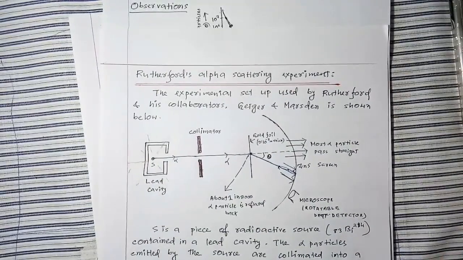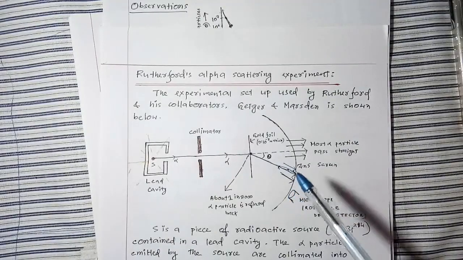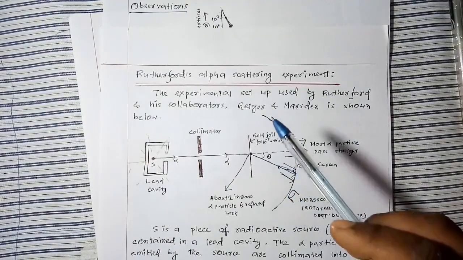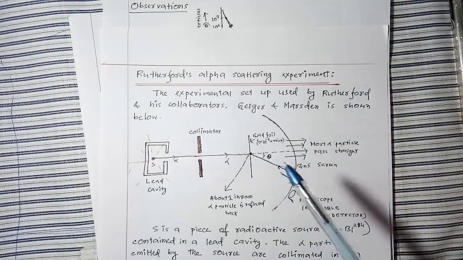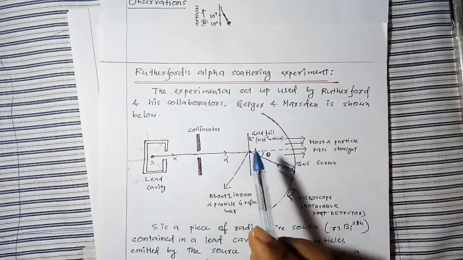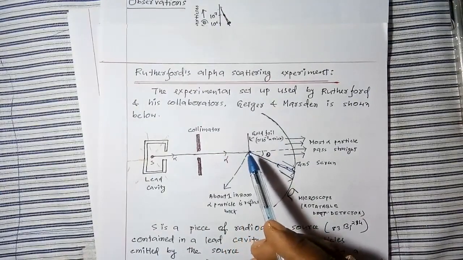Whenever they fall on it, flashes of light are produced, which we could not detect with our naked eyes, and that is why a microscope is used here to check the flashes of light produced on the zinc sulfide screen whenever the alpha particle falls there.